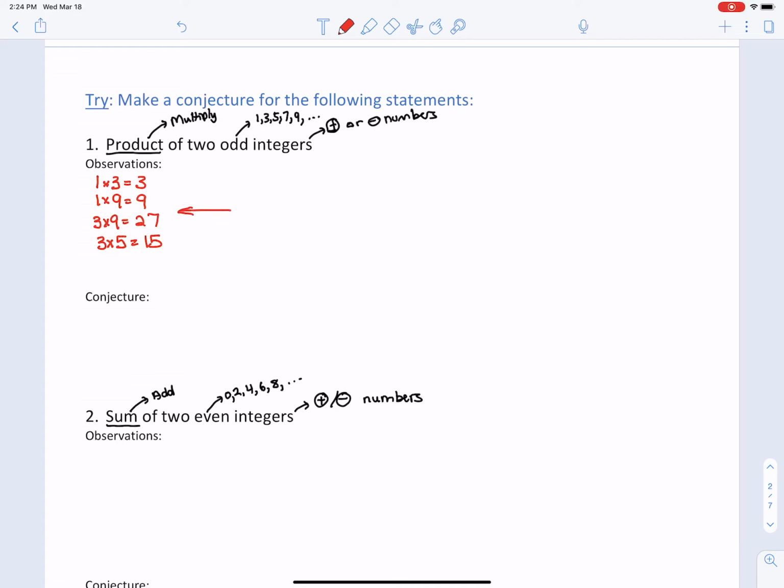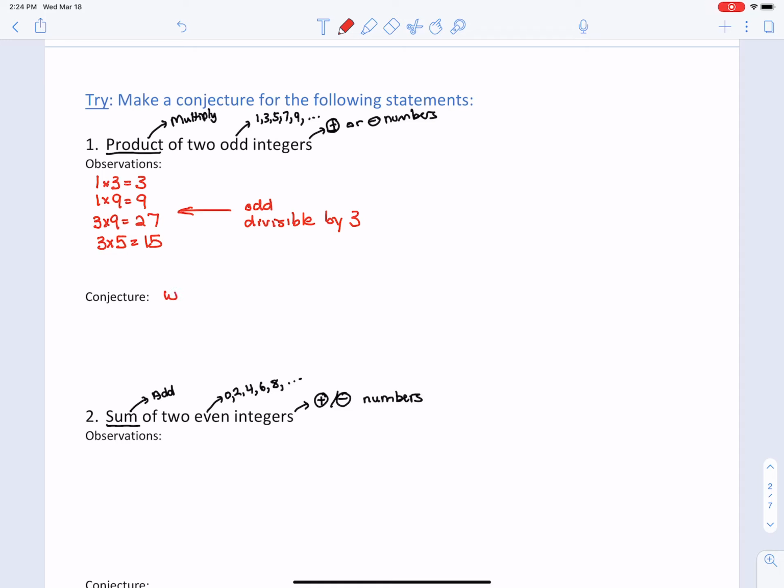I may notice that they're all odd. I may notice that they're all divisible by 3, but you need to come up with something that you're noticing. So I'm going to make a conjecture.